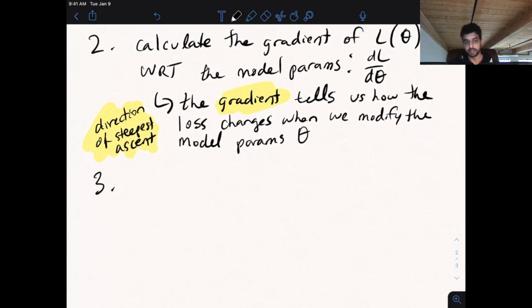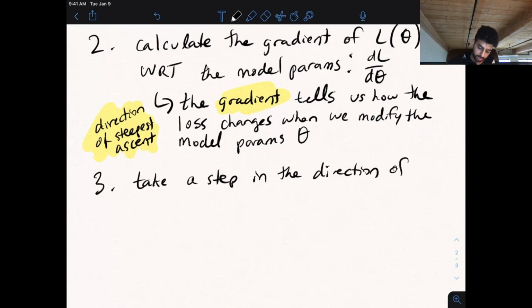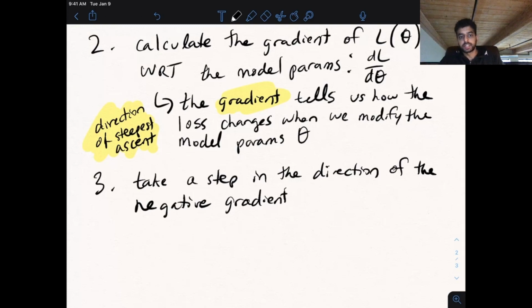How do we use the gradient? What we're going to do is take a step in the direction of the negative gradient. So remember that if the gradient is giving us the direction of steepest ascent, so increasing the loss, we know that the loss is telling us how bad the model is currently doing, right?